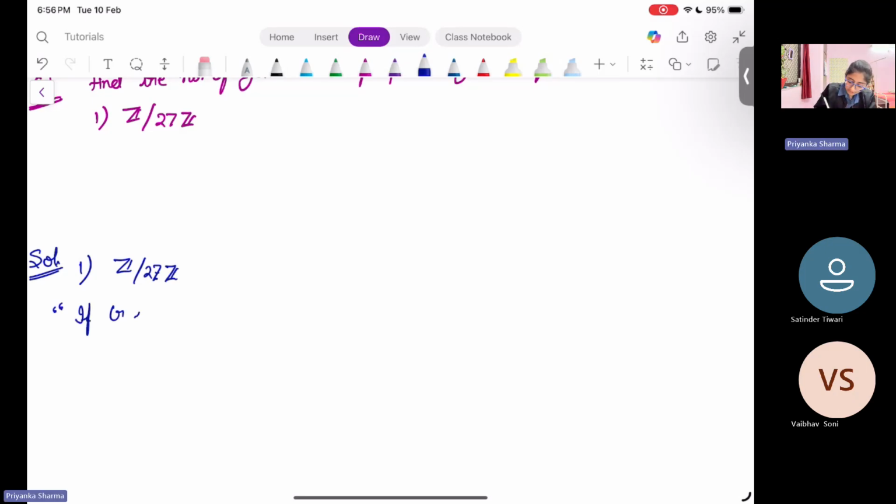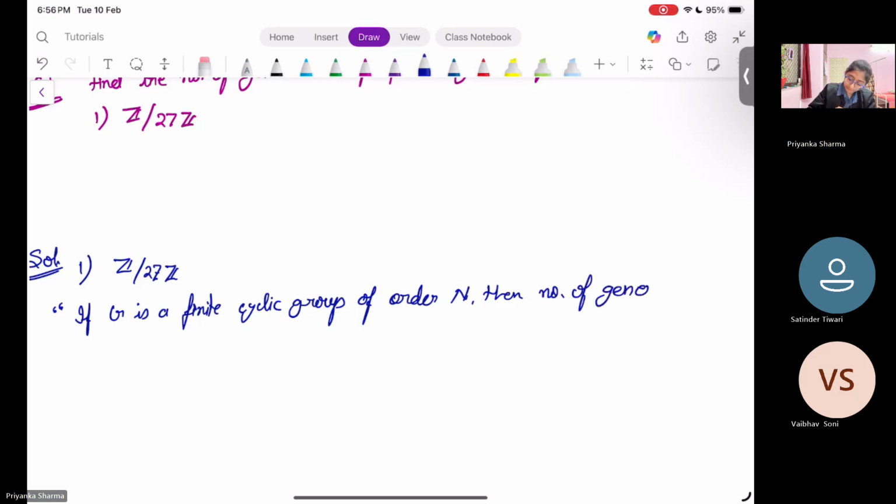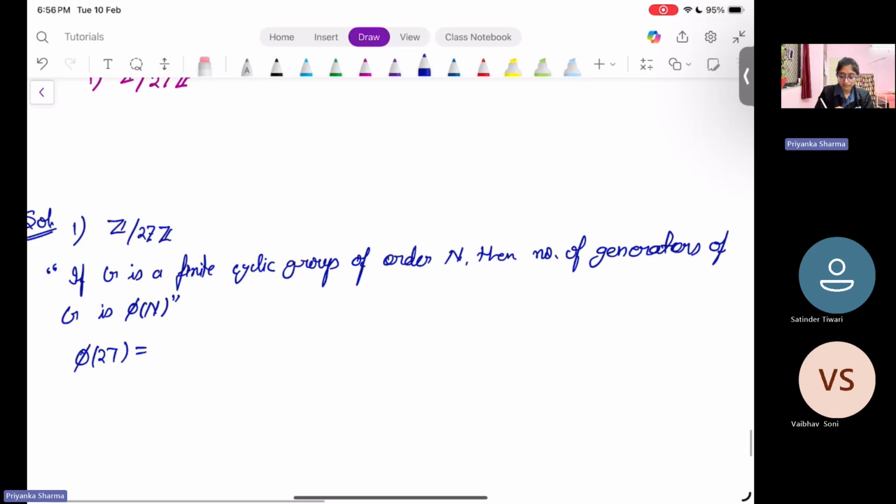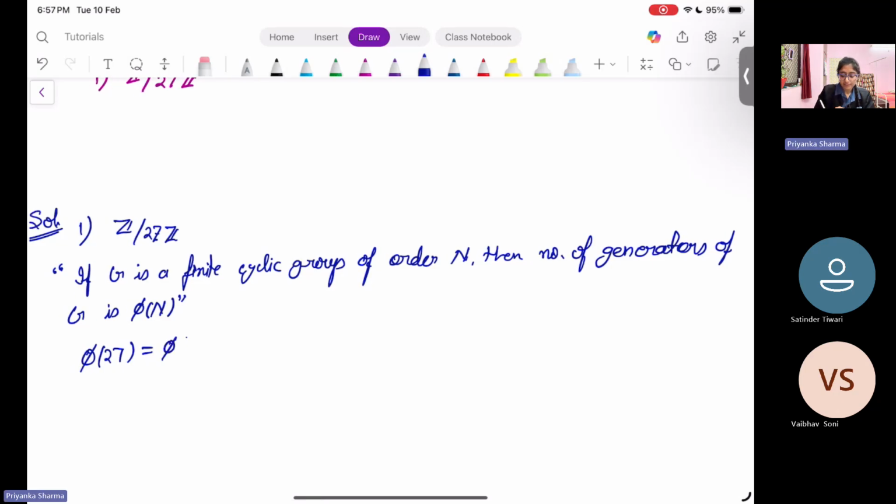You can recall, if G is a finite cyclic group of order n, then the number of generators of G is phi of n. So we need to calculate phi of 27. 27 can be written as 3 to the power 3.